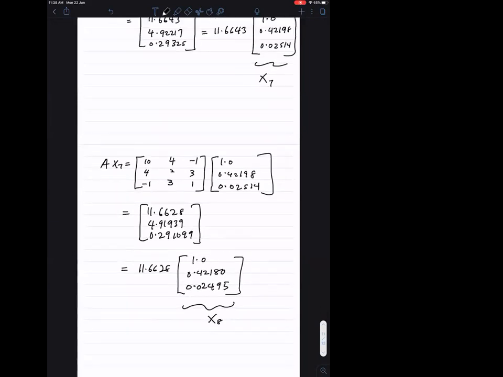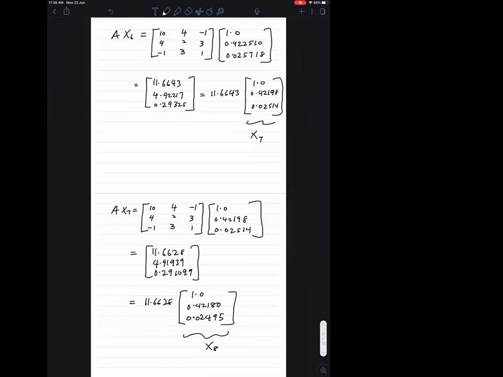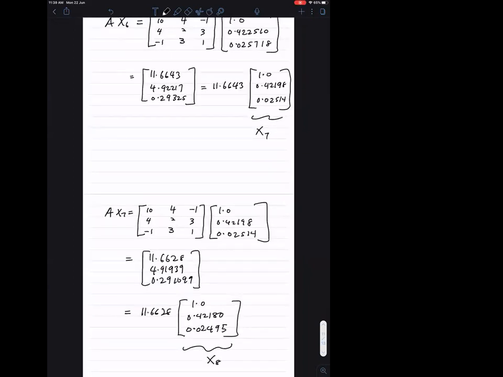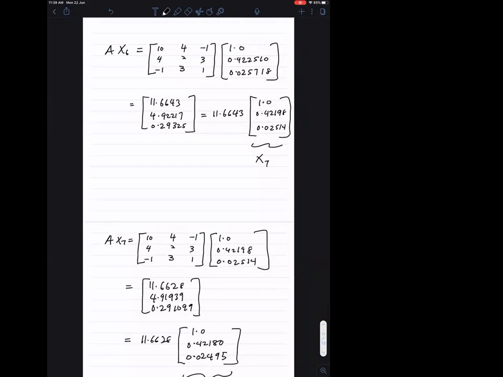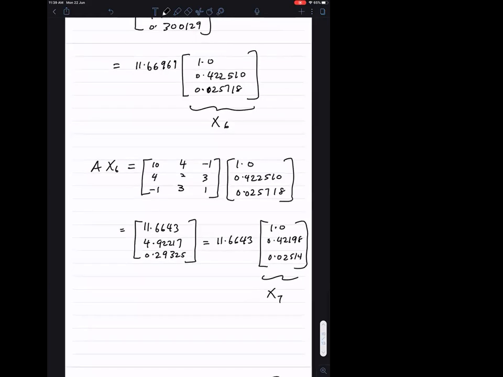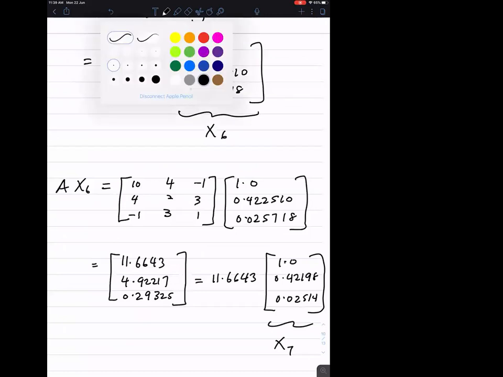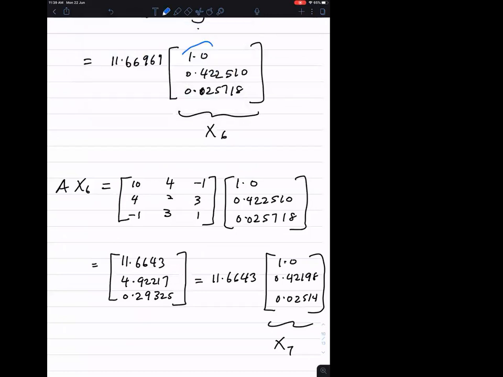Okay, when you come to this point, you can see they're not changing very much from this point onwards. Like, we look right here at this and this. If you round it up to 2-3 decimal places, then you can see they are the same.